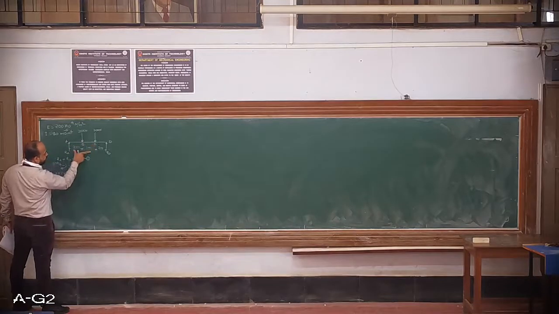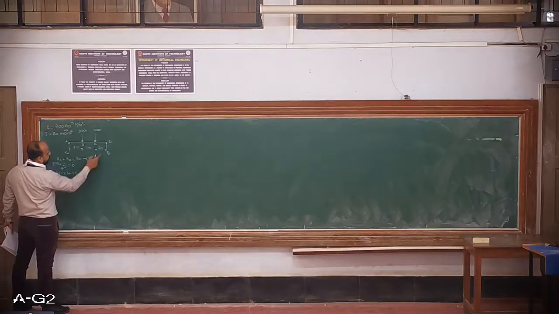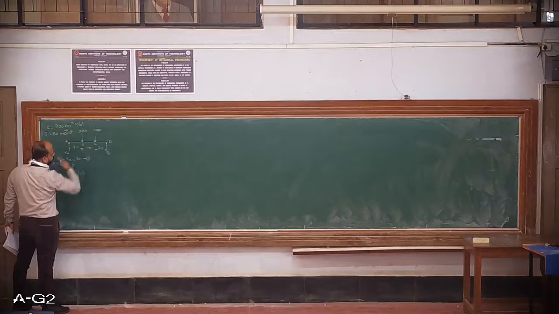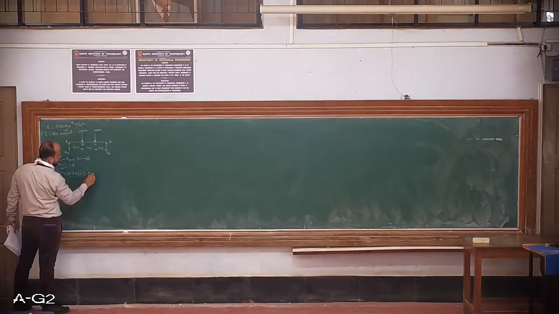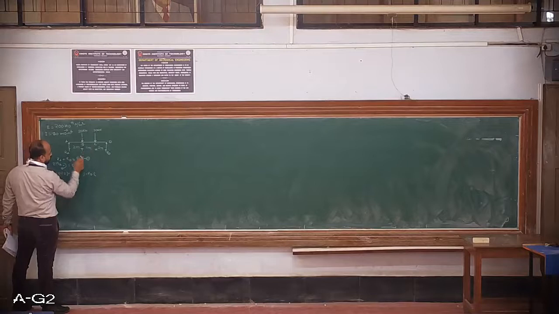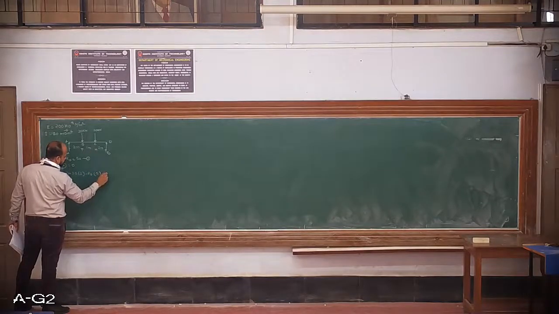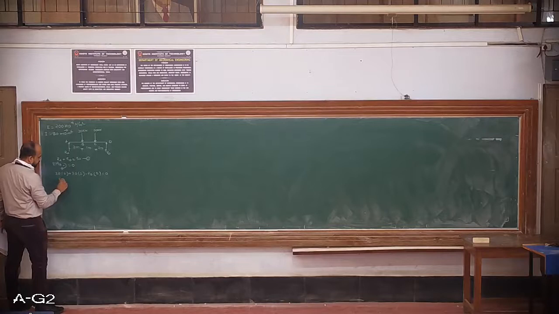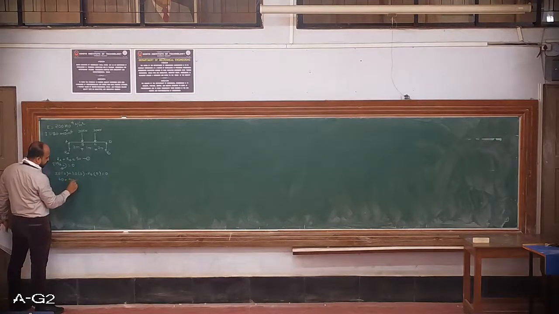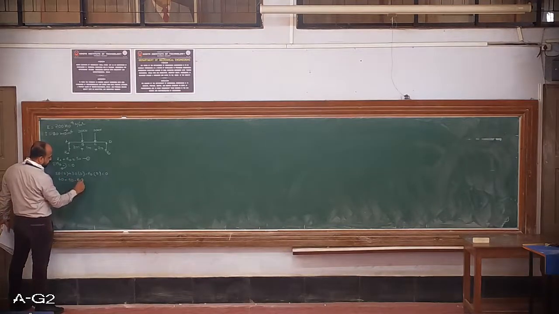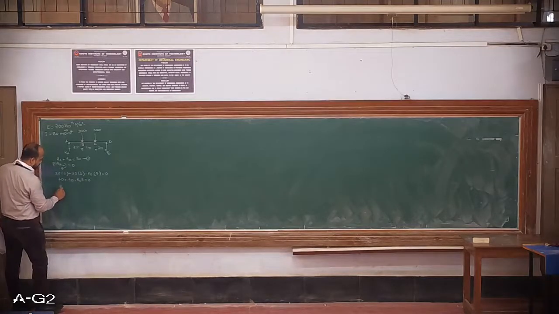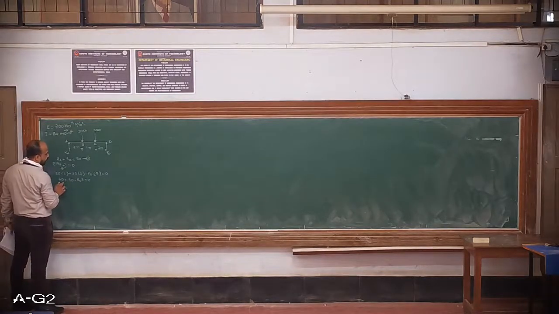So plus 30 into 3. Now reaction RD, it will be counterclockwise. So minus RD into distance, 2 plus 1, 3 plus 2 is 5, is equal to 0. So 40 plus 30 into 3 is 90, minus RD into 5 is equal to 0. So RD, you will get 130 divided by 5 kilonewton.